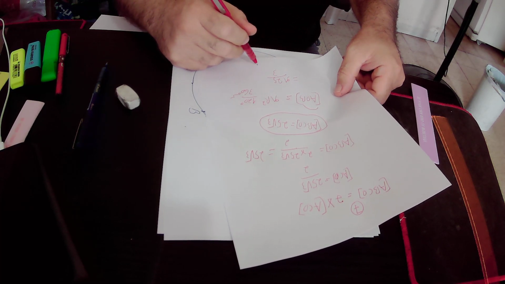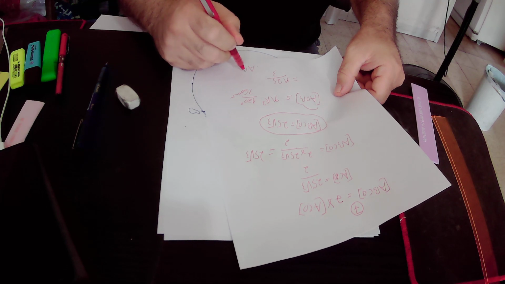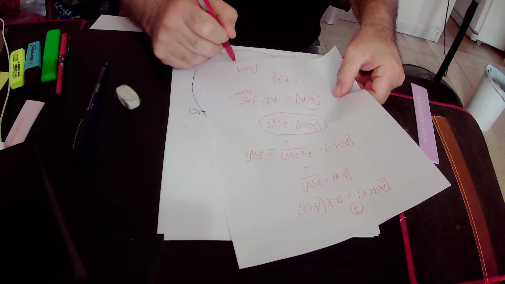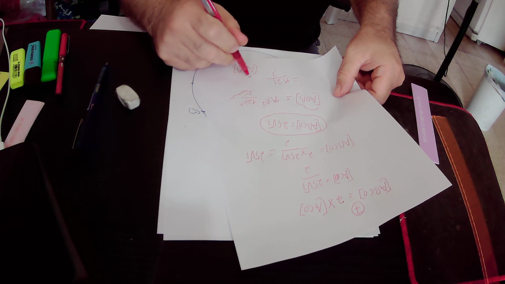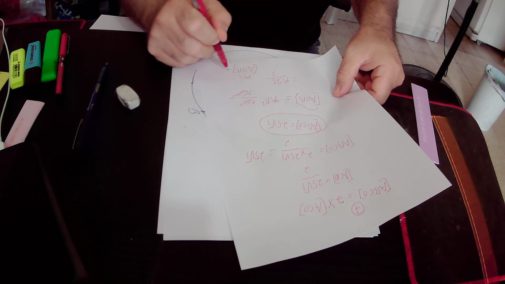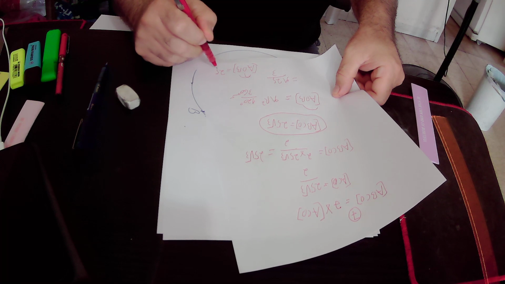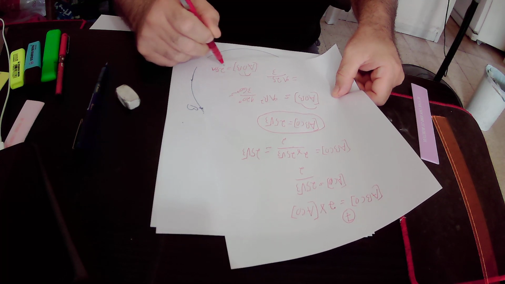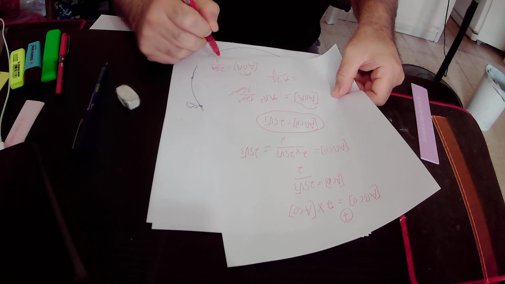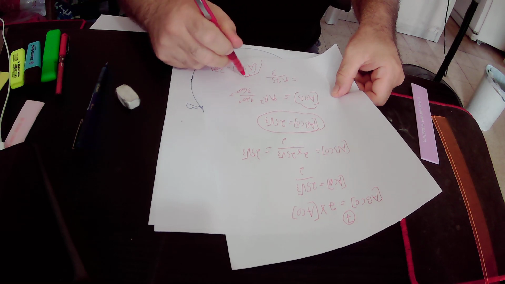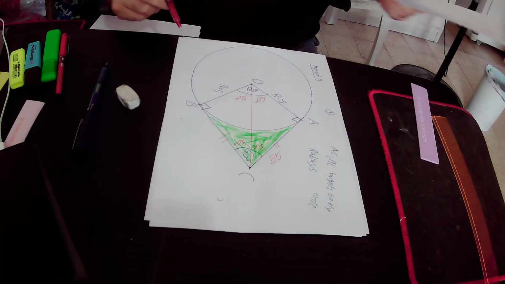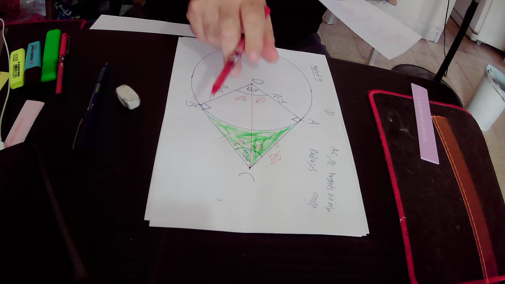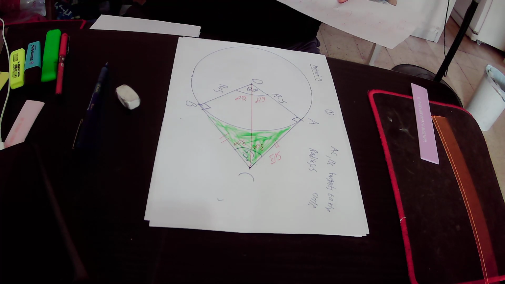So the area of sector AOB equals 25 pi over 3.